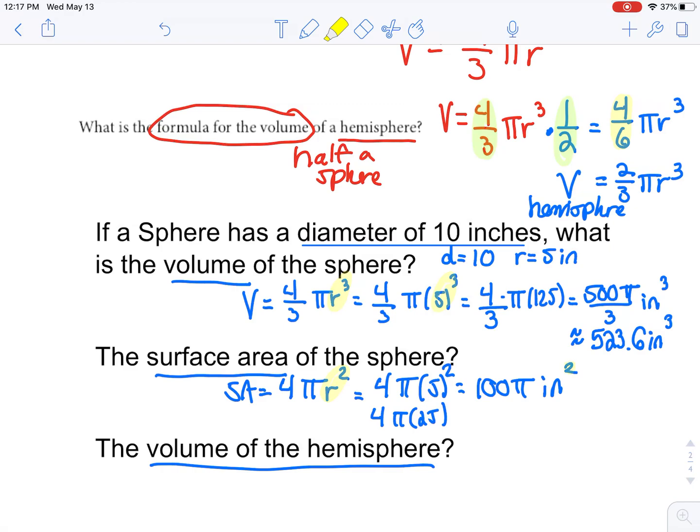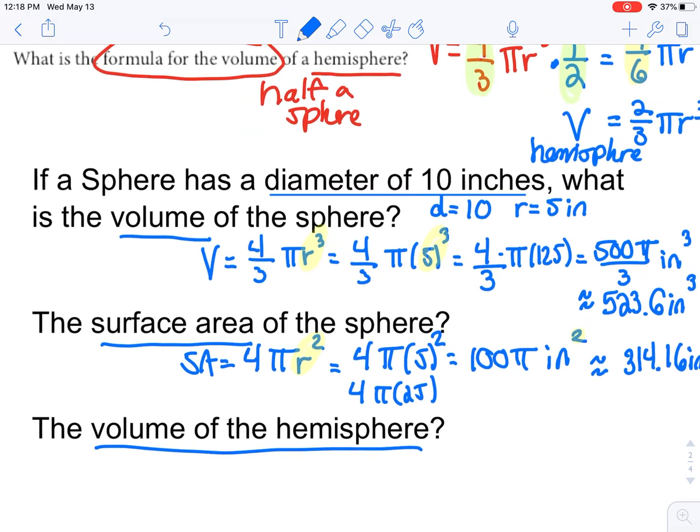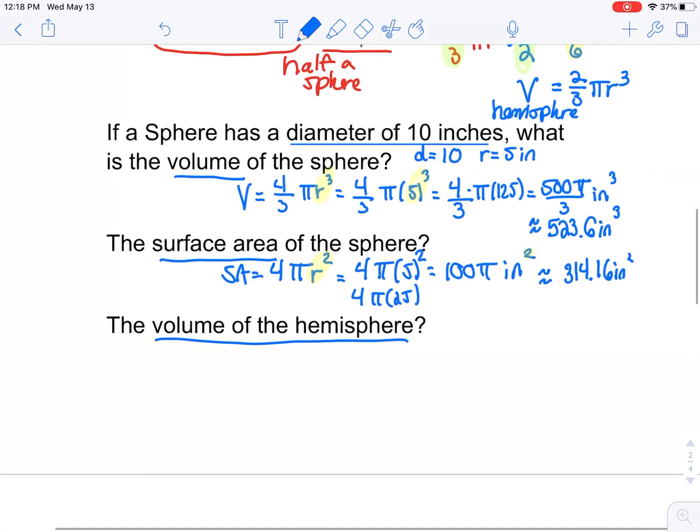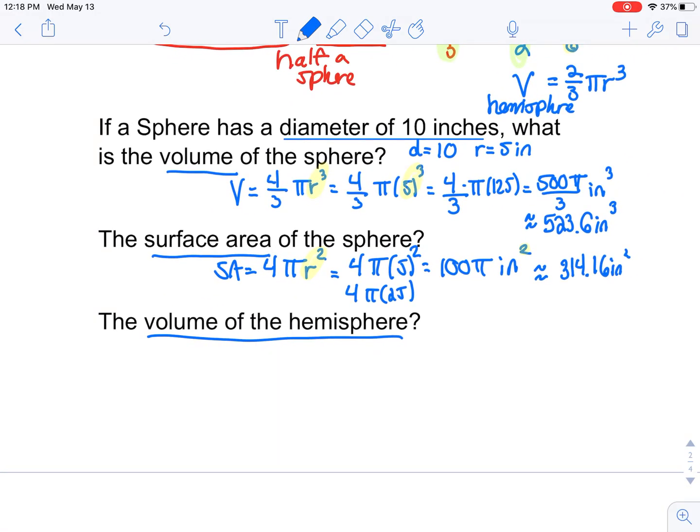And again, watch your units. With surface area, we are only squaring the radius. That's why we are only squaring the units. If you prefer having this in decimal form, 100 pi is the same as 314.16 inches squared.